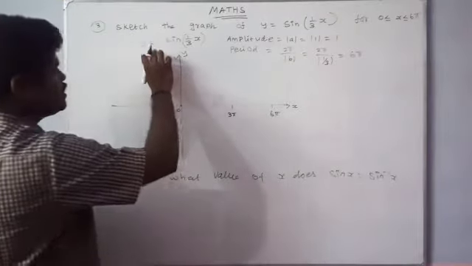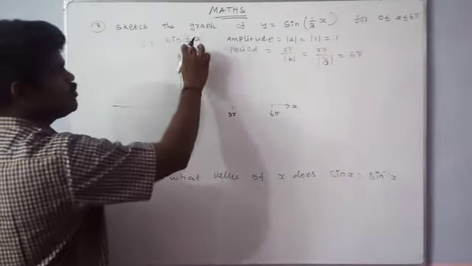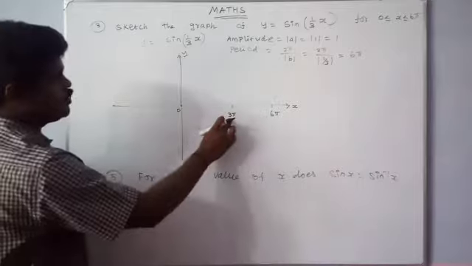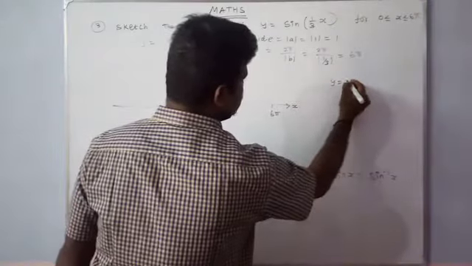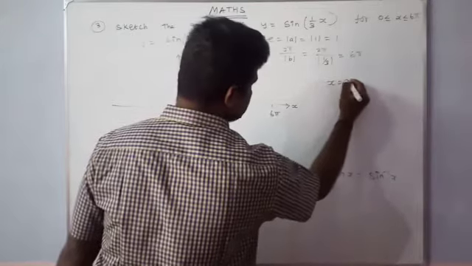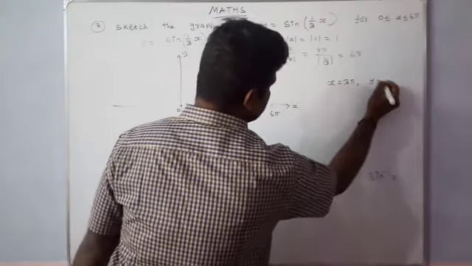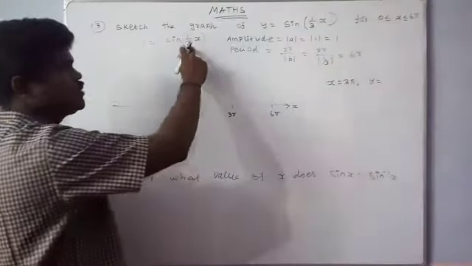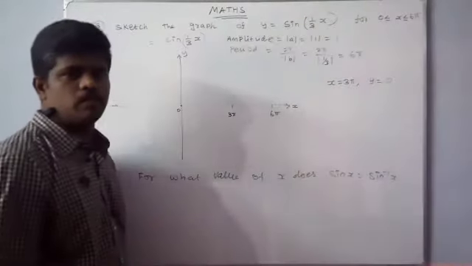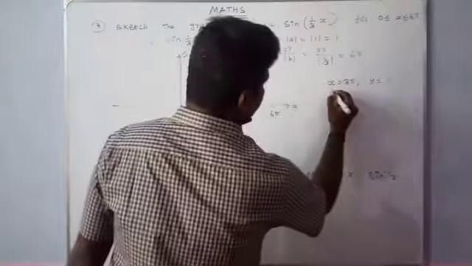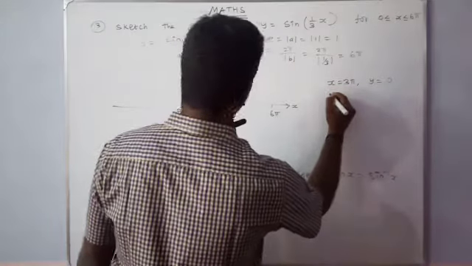The graph must be y is equal to sine 1 by 3 x. If we put 3 pi here, the value is what? X is equal to 3 pi. The y value is what? 3 pi by 3 is equal to sine pi. So 0.